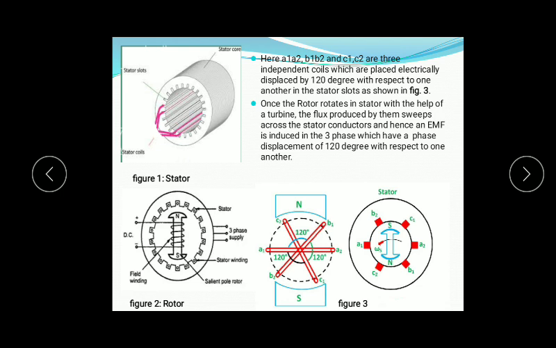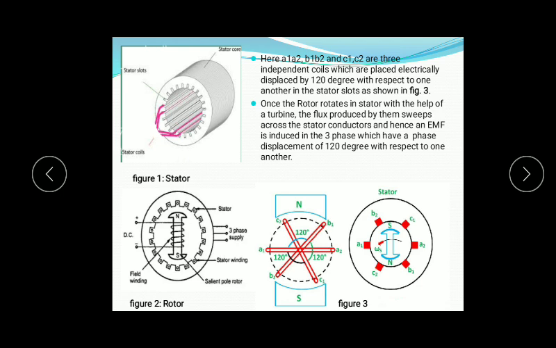Now, the rotor. So the stator is what? It is cylindrical in shape and has uniform slots on its inner periphery, and these slots carry windings which are connected either in star or delta.